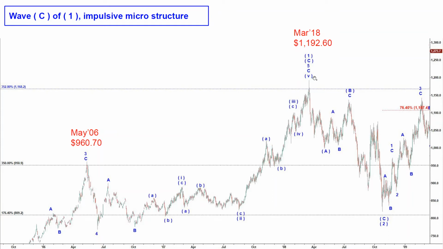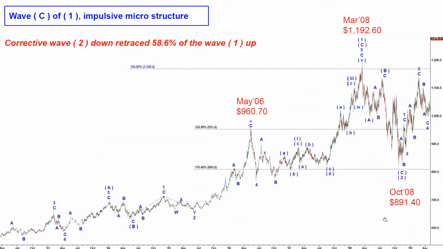And once we get ABC up, we normally get ABC down, a corrective ABC, and this is exactly what we got off the top made in March 2008. A down, B up, and C down, together comprising a corrective wave 2 down. And off that bottom, we should expect the strongest part of the rally in wave parenthesis 3 up.